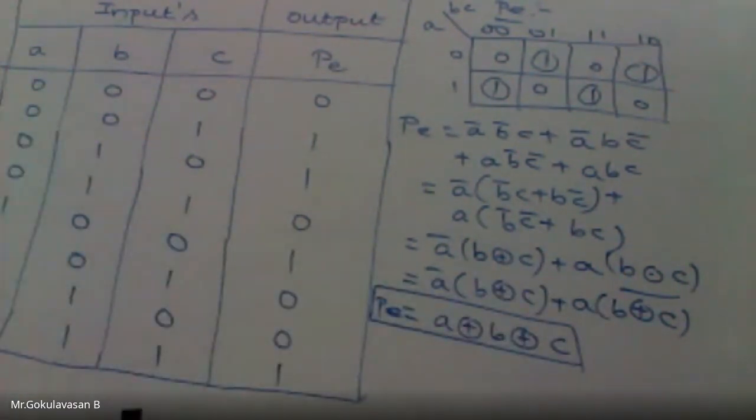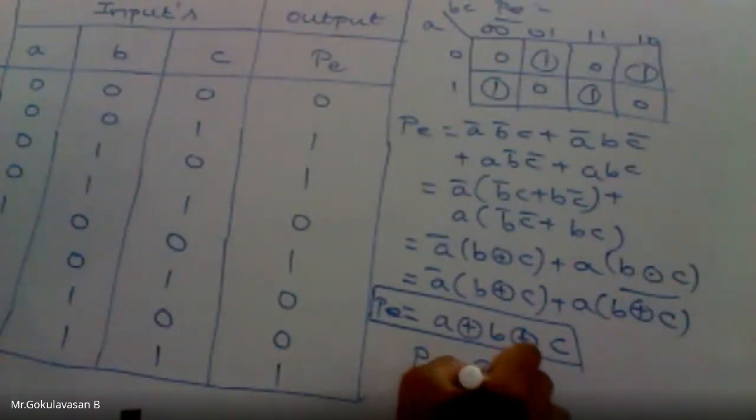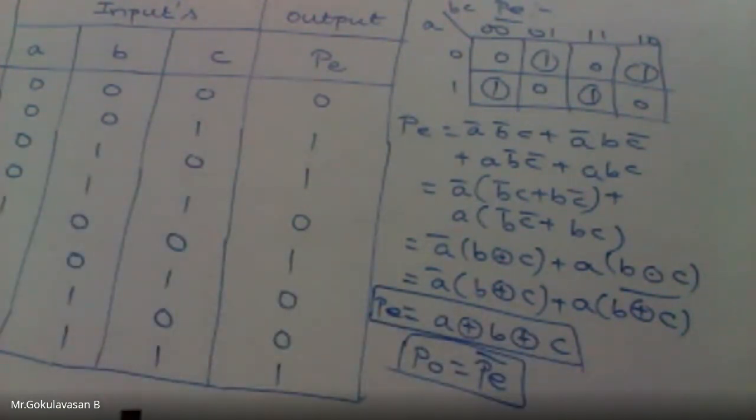This is my even parity. So what is the difference between odd parity and even parity? If you take the complement of the even parity bit, you will get odd parity. Do you agree with that? So I can write P odd is PE bar. Okay. So again, if you draw the logic implementations, that will be over here.